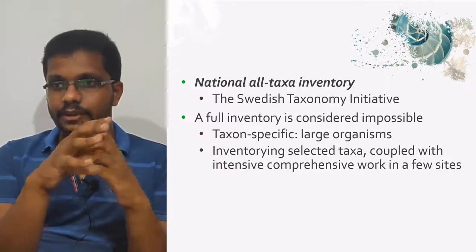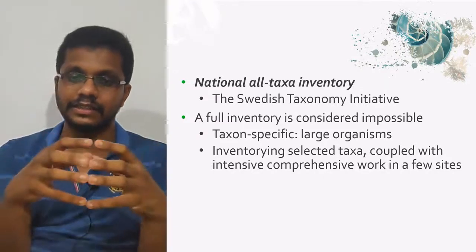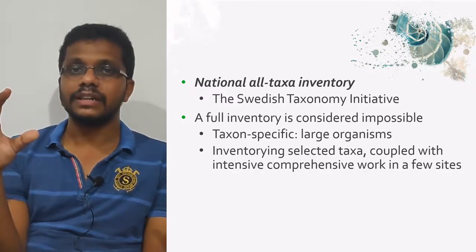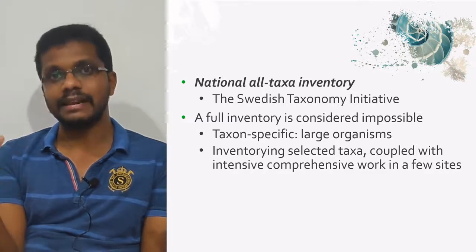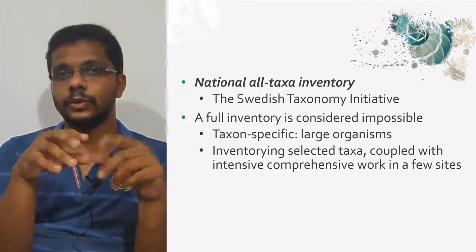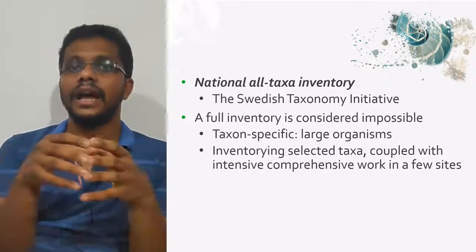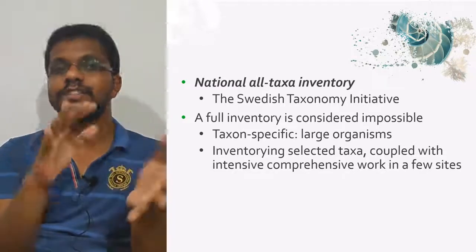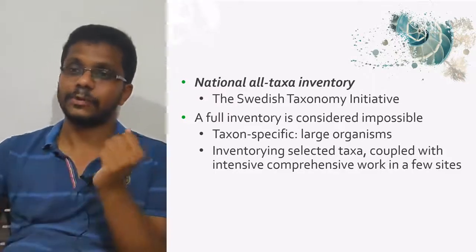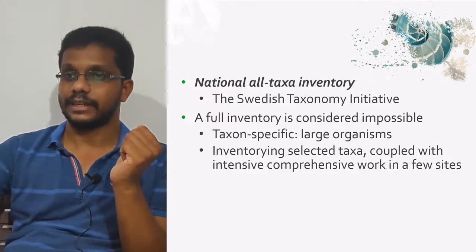So basically we divide the whole area into two. In some areas we will conduct a detailed study. In other areas, we will do only a peripheral study, and we estimate the biodiversity in those areas. So that's the second strategy, and I am going to explain the second strategy in more detail.